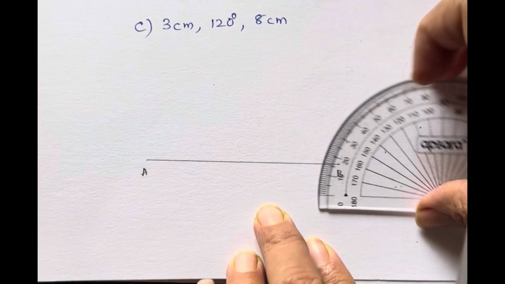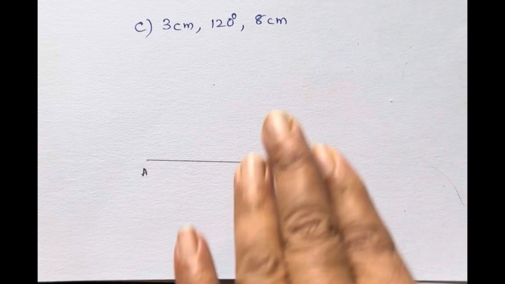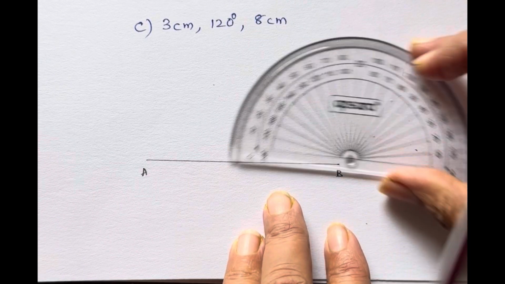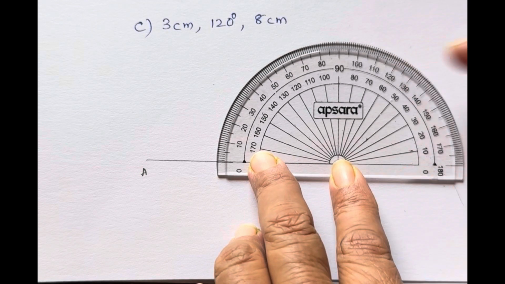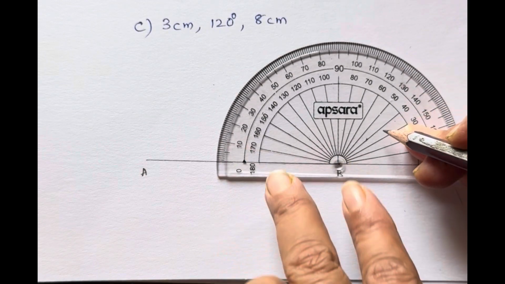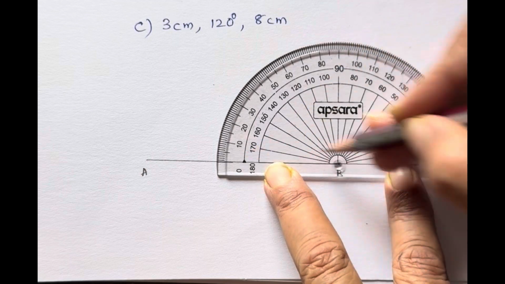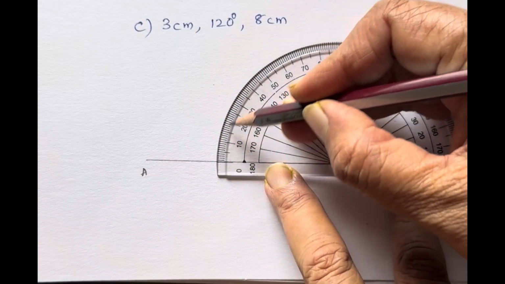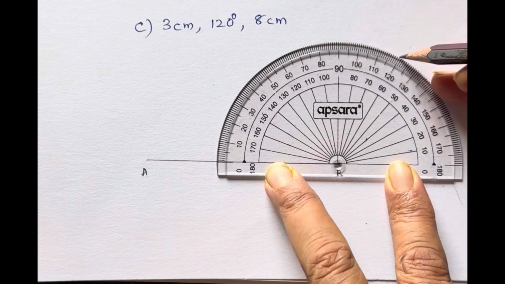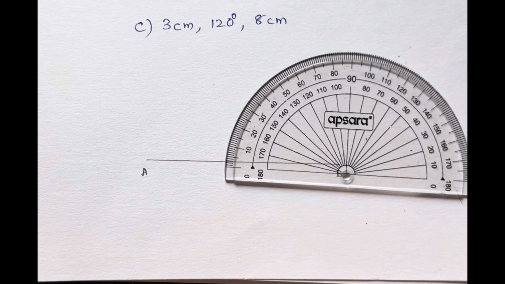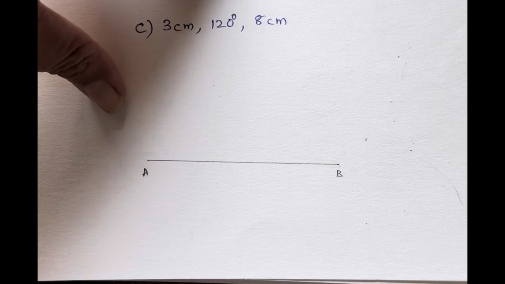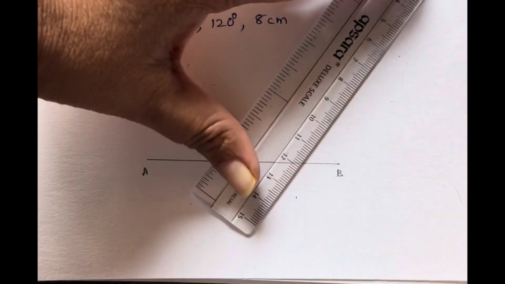So we'll take again this B as the center and overlap it with the center and the baseline, black baseline. Now you see this black line is going this side, so we'll see the outer scale 120 degree. So it is over here. Okay, right side means see the outer scale. And then join, name this point as C.